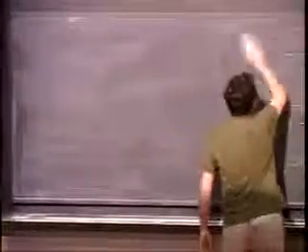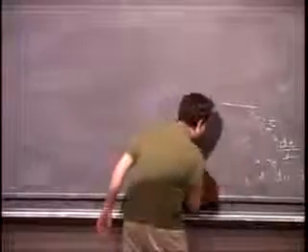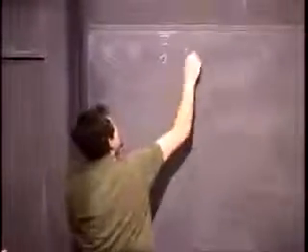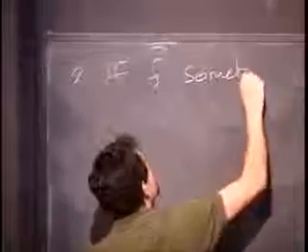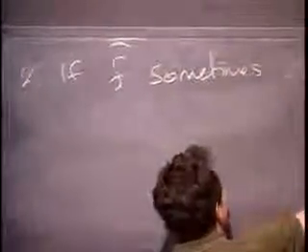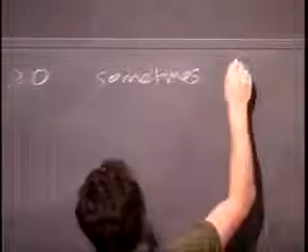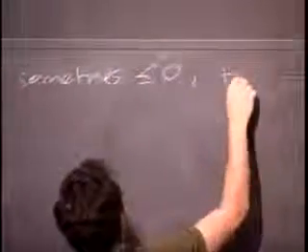And to do this, we need another test that I haven't mentioned yet, and it's called the absolute convergence test. And here's what it says. So, step 2, if f is sometimes positive and sometimes negative, try this test.